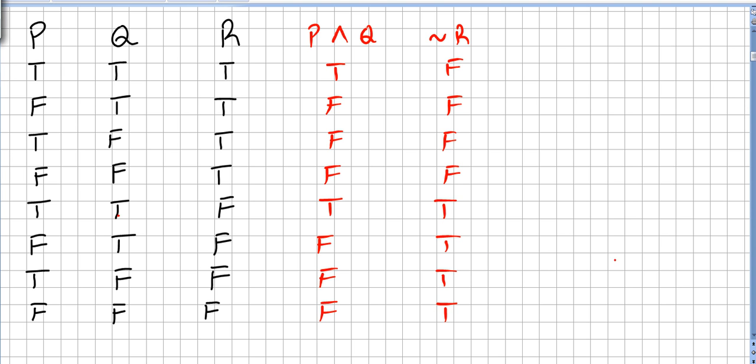Now let us say we have a proposition like P and Q or non-R. So we need this table now to be true, or this one. This will be true if either one of these is true, so this is really easy. And how do I know that P and Q is true?